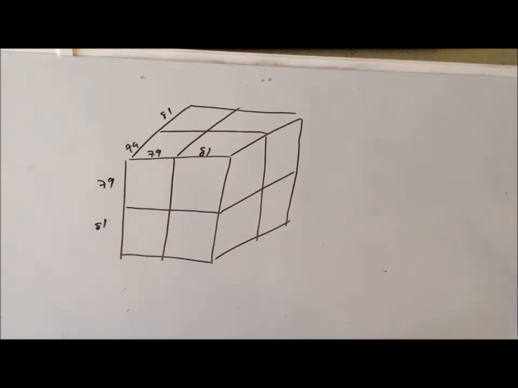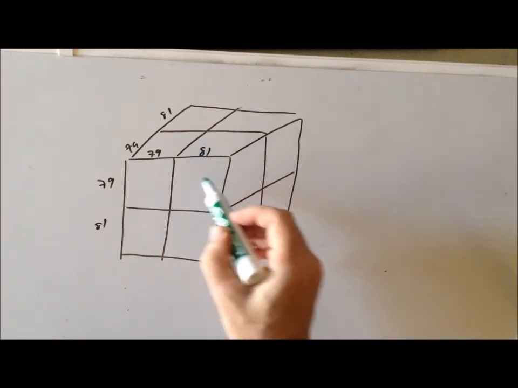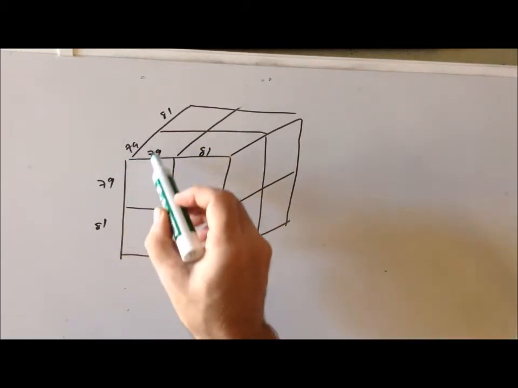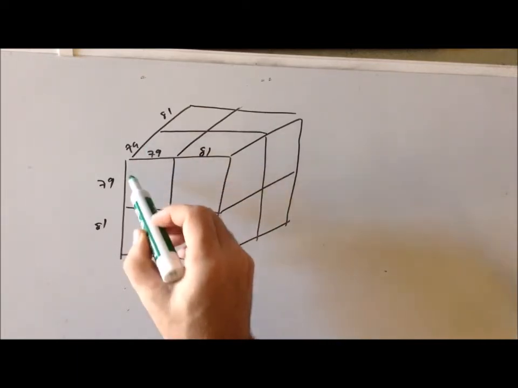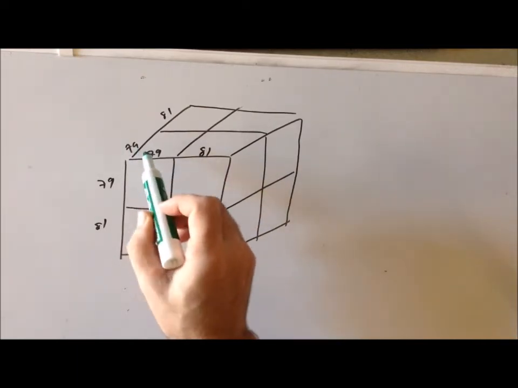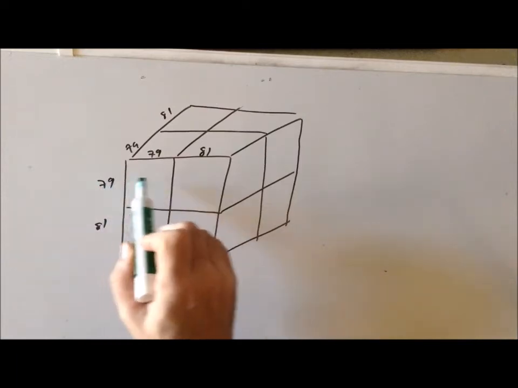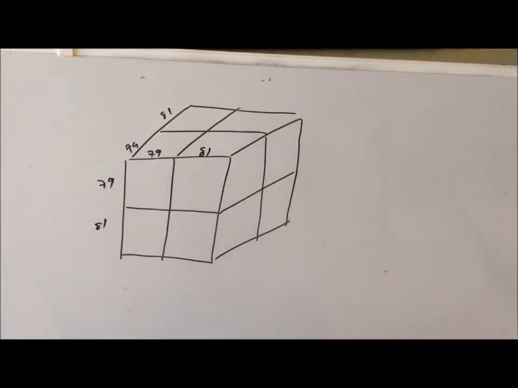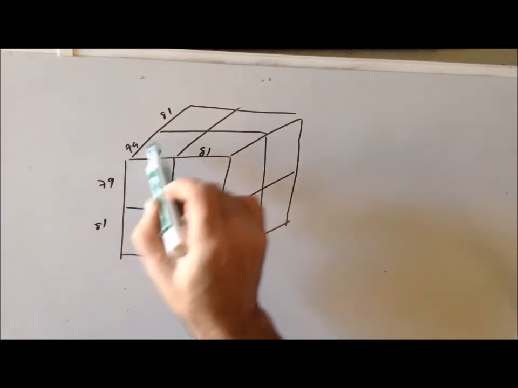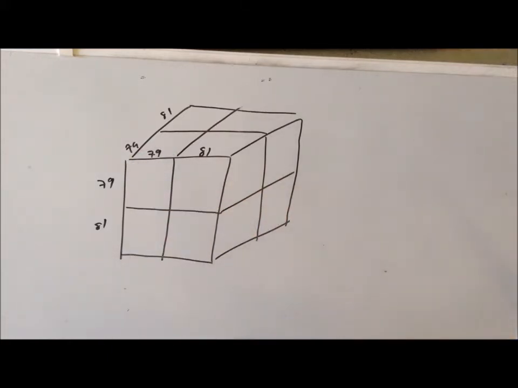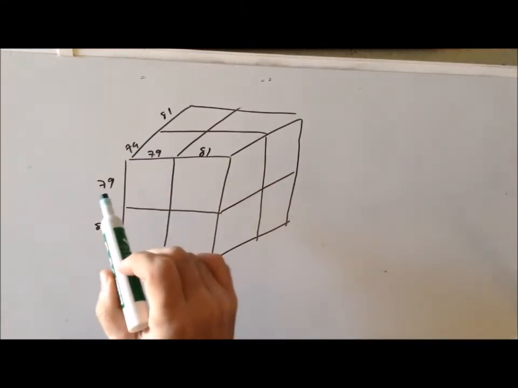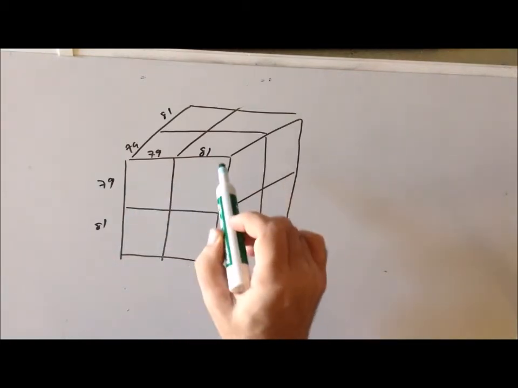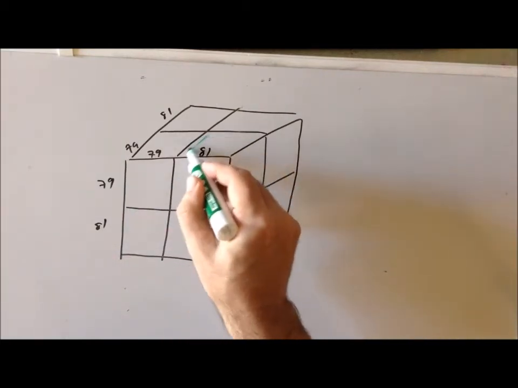So for example, this block here, this one first, we want to leave open, but this is for 3 bromine 79s because it's in the bromine column, bromine row, and then bromine depth here. So this particular box is the probability of having 3 bromine 79s. If I want to have 2 bromine 79s and 1 bromine 81, that would correspond to, for example, this box here.